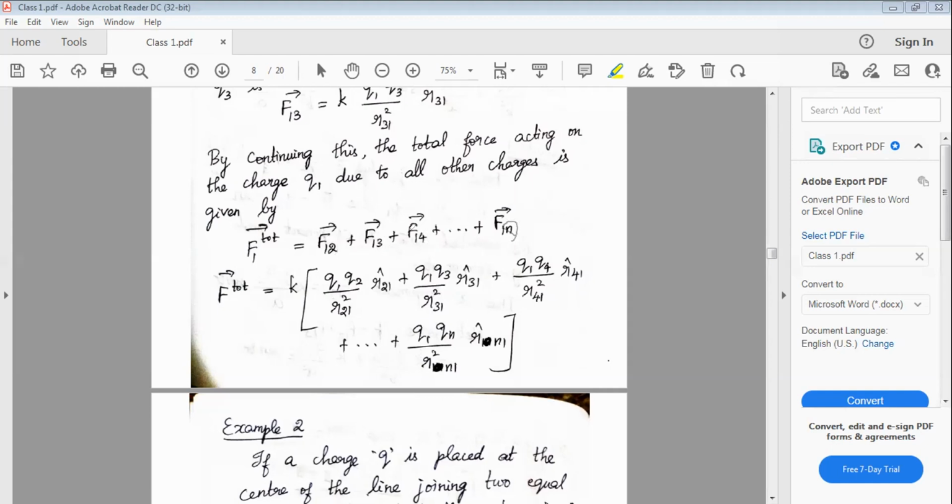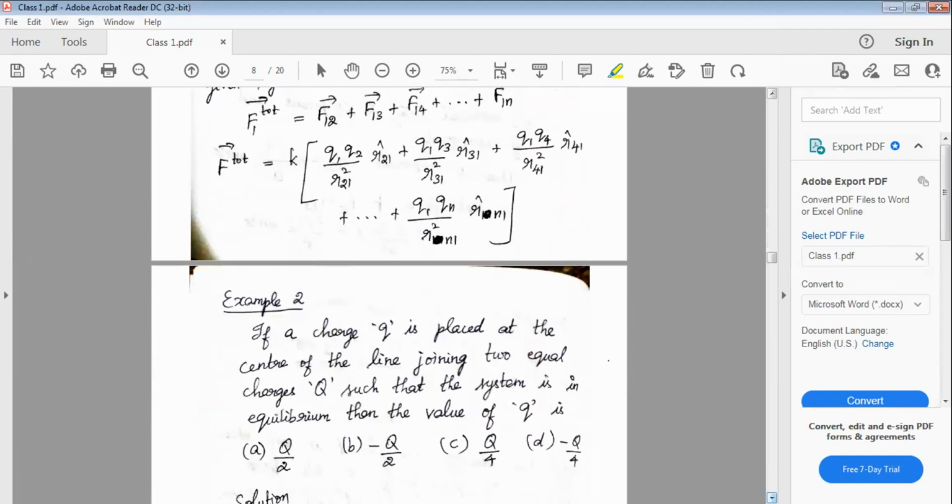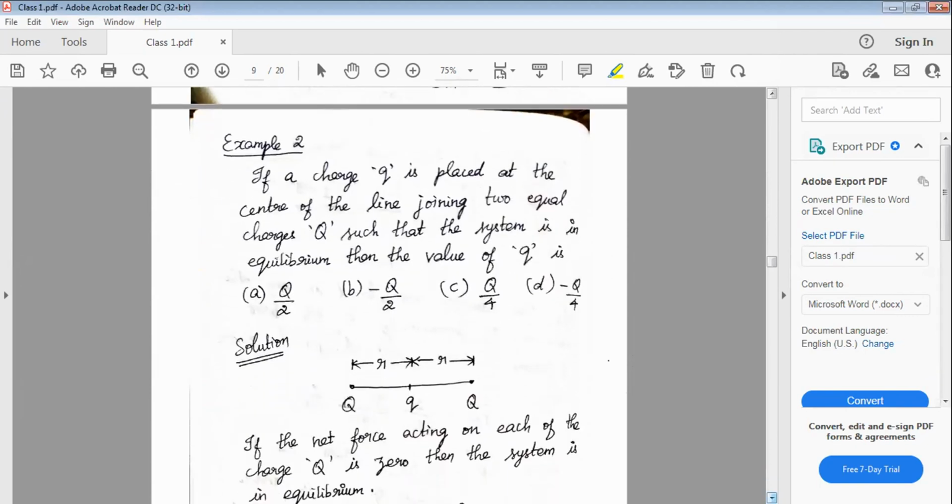So on charge Q1, you have to find out the forces due to all the other charges, and then add them. While adding, you will get this k, the proportionality constant, as common. All the other terms are included within the bracket. This is called the superposition principle. Superposition principle means you can find out the force exerted on each charge due to the other charges.